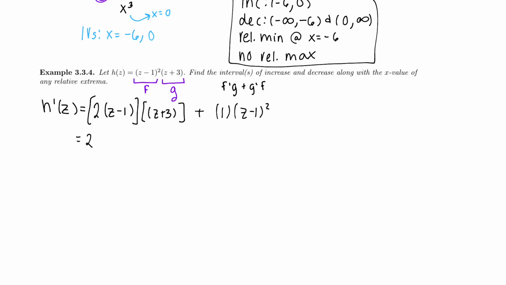So if I clean this up a tiny bit, you'll notice that both of these have a z minus 1 in common, and I can factor the z minus 1 out. If I factor it out, what's left over here is 2z plus 3.